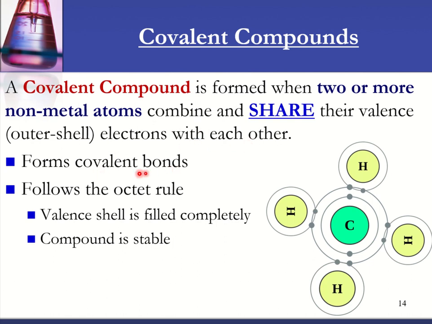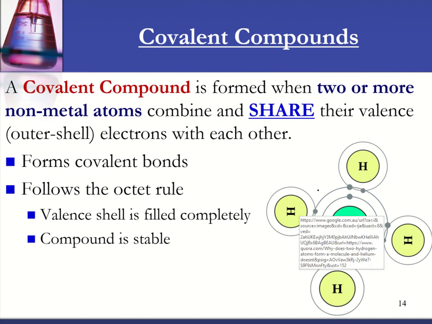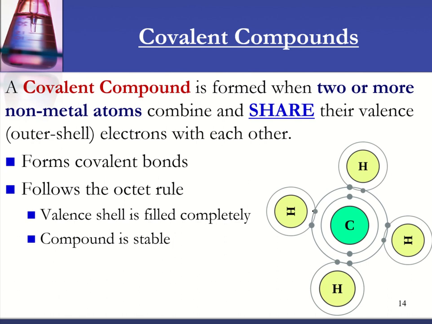This forms our covalent bonds. This follows what we call the octet rule, which states that the valence shell is completely filled and the compound is stable. So using the example of carbon and hydrogen, we know that hydrogen needs two valence electrons to make a complete full outer shell.